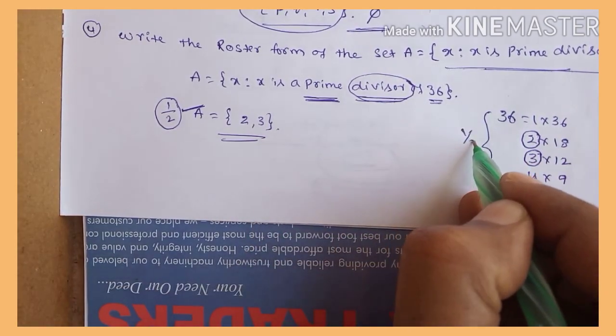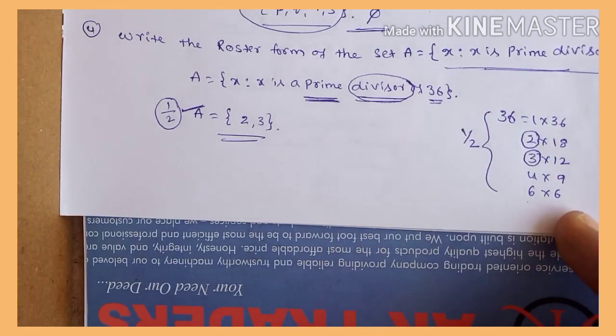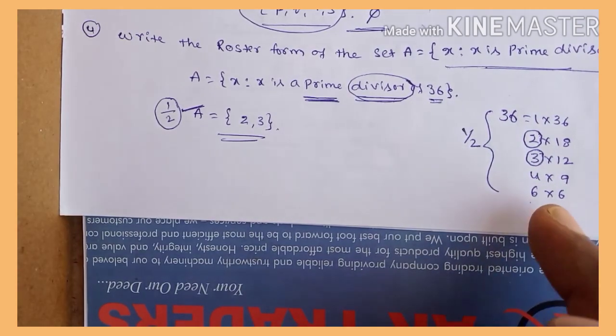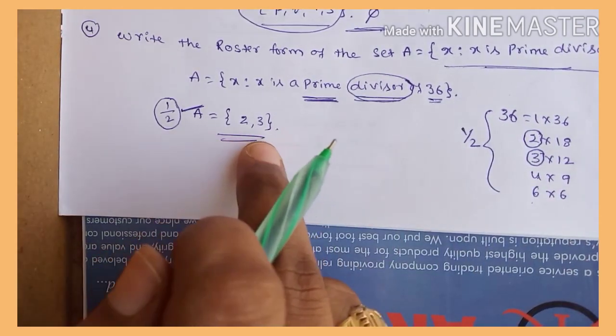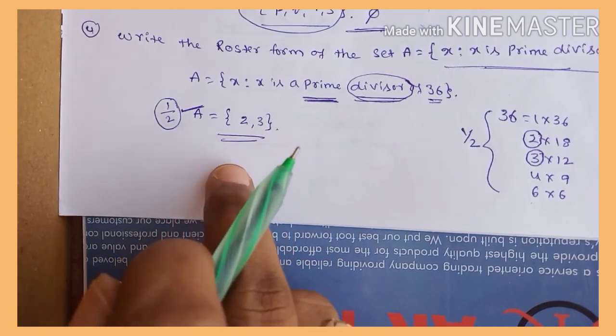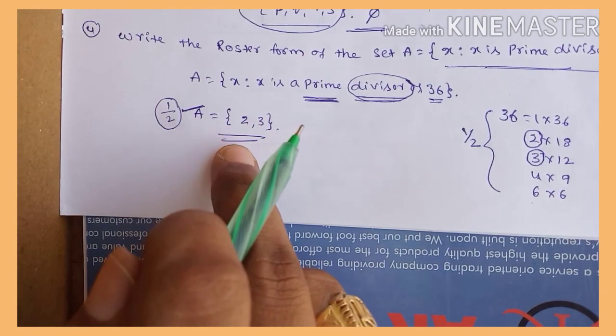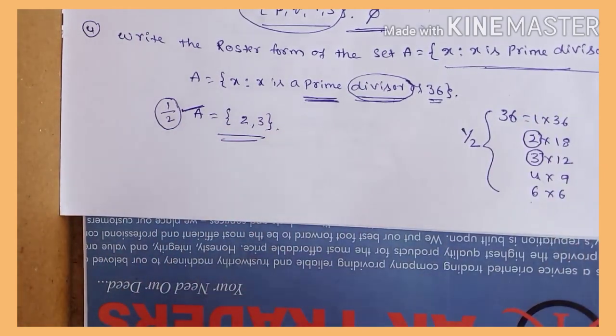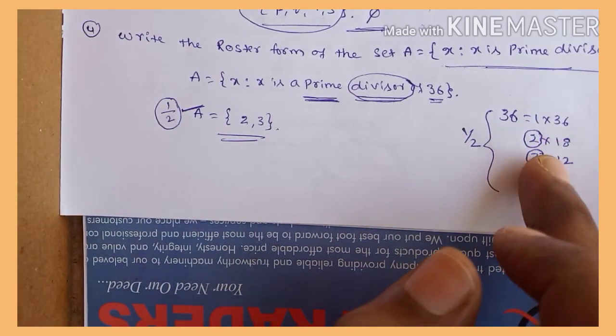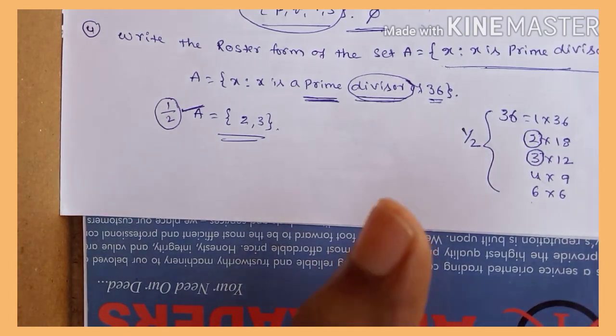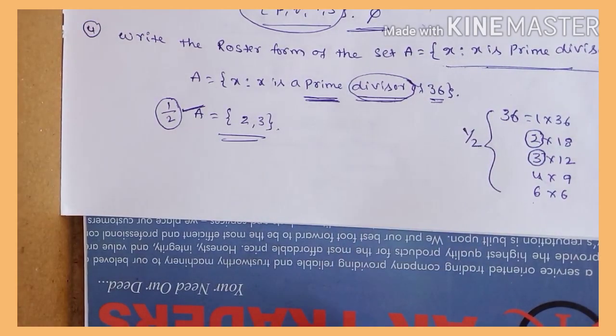Writing all the factors, the factorization, gets half mark, and the second answer gets the other half mark. If you do it in rough or write the answer directly, you will lose half mark. So please solve this type of factorization beside the problem. Okay, let's go for the next one.